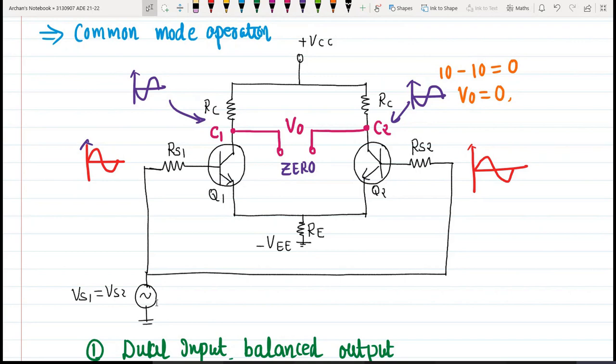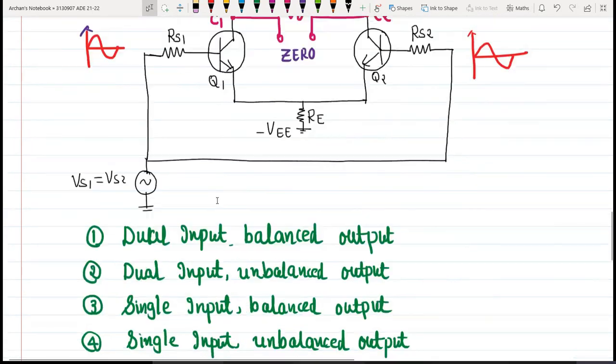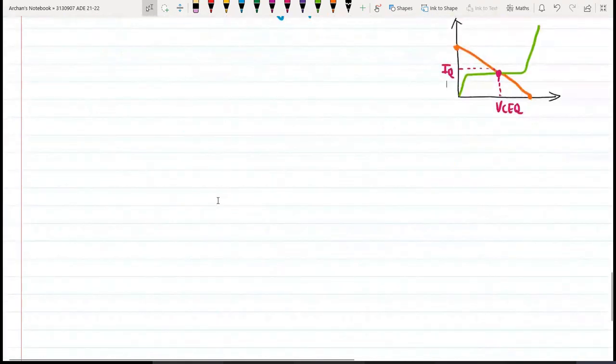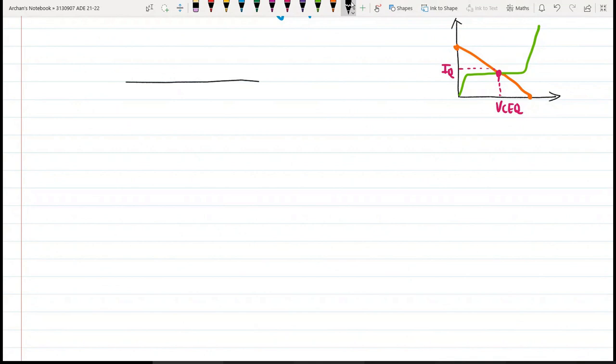So let us try to draw the DC equivalent circuit of the differential amplifier now. We do have the collector resistances which are same in value. This is my positive VCC supply, and the collector resistance is RC.